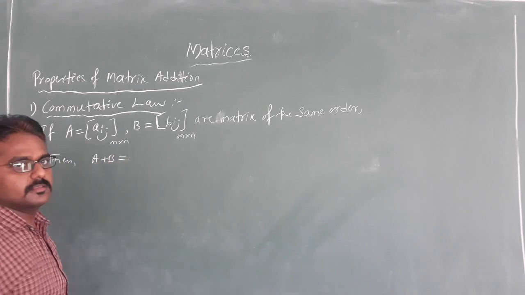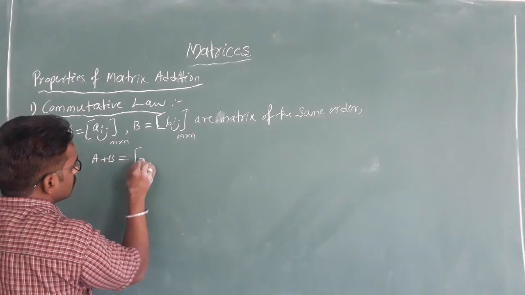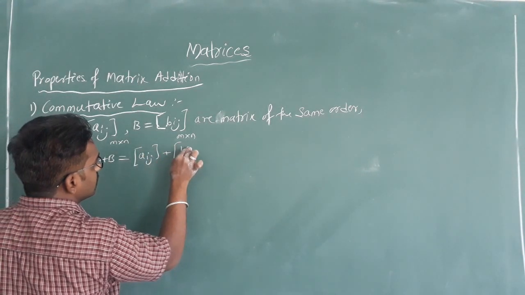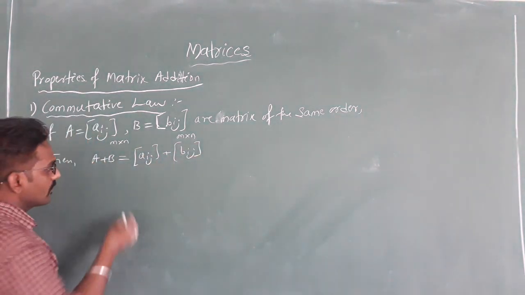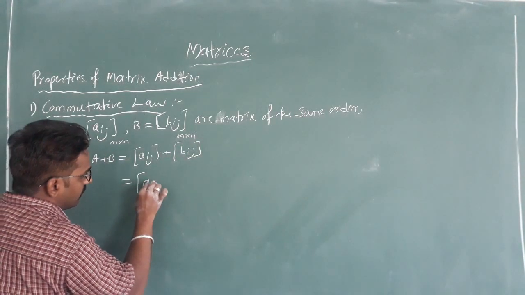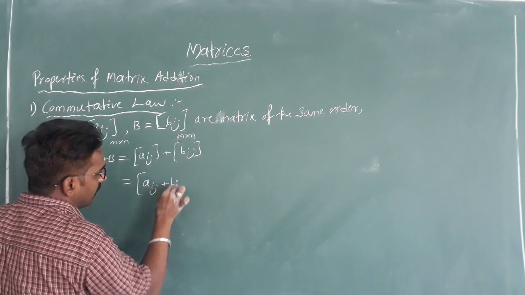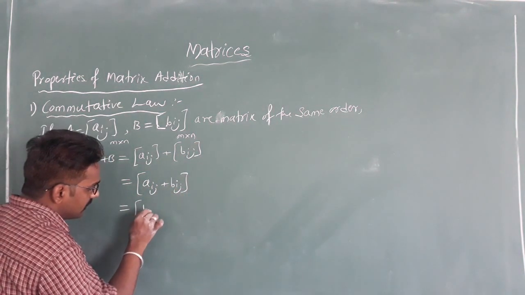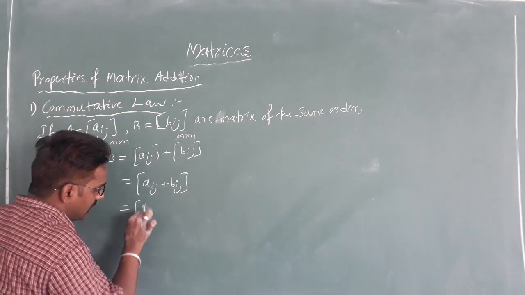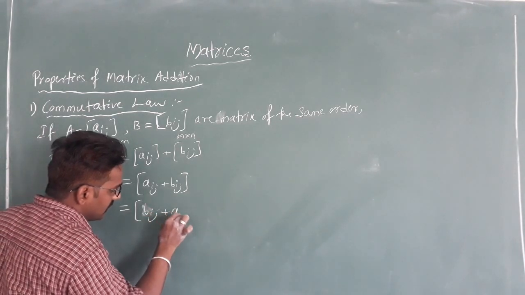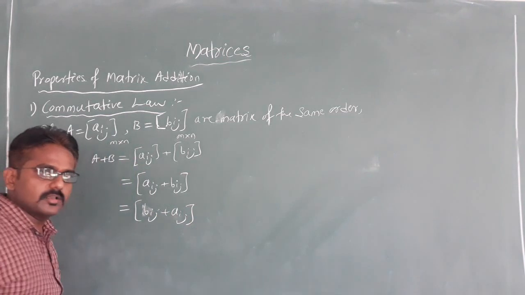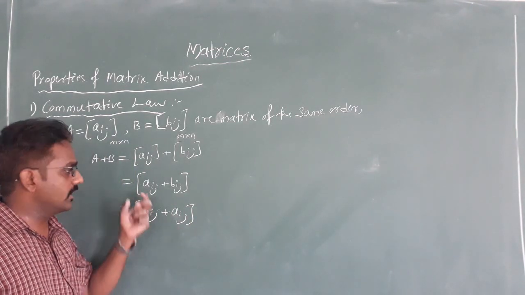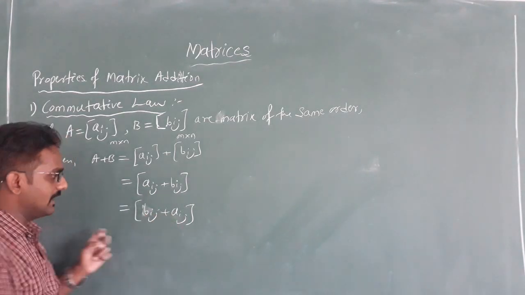A plus B is equal to Aij plus Bij. We add up the corresponding elements. So can I write Bij plus Aij, because addition of numbers follows the commutative property, a plus b or b plus a.